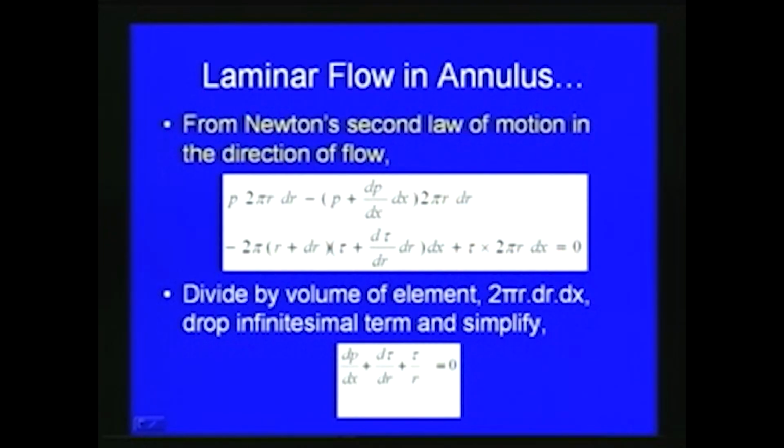Then if you divide by the volume of the element, here 2 pi r dr dx, and drop the infinitesimal terms and simplify this equation, the basic equation for laminar flow through an annulus we can write as dP by dx plus d tau by dr plus tau by r is equal to 0.